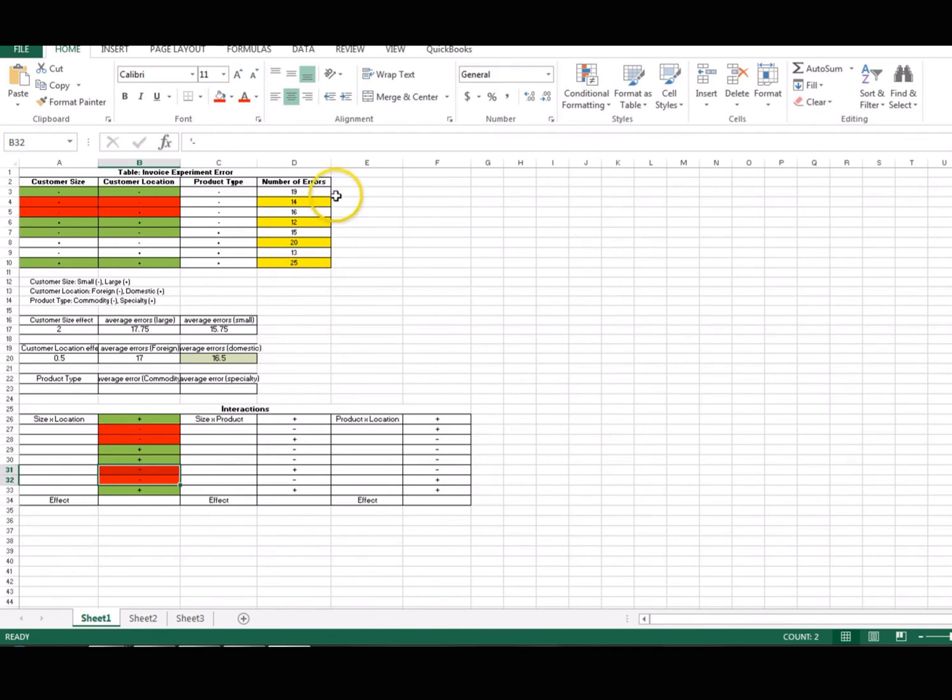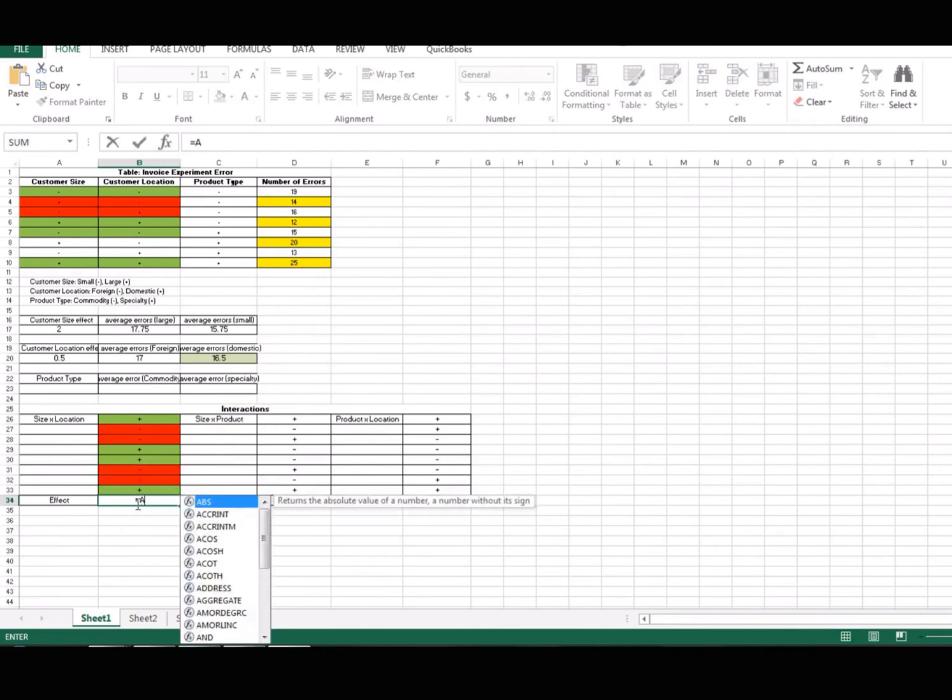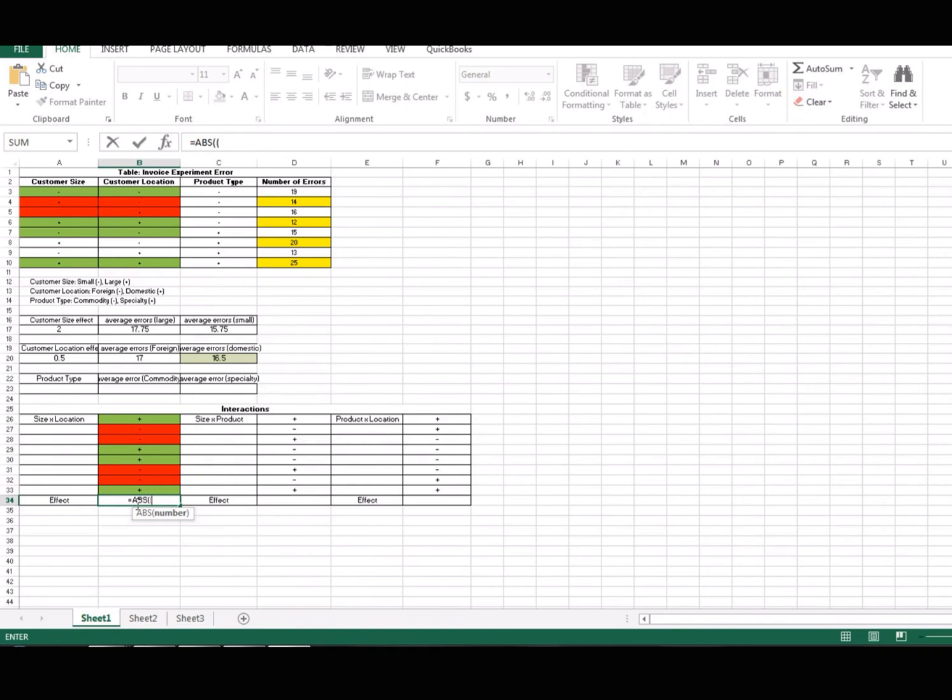I'm going to subtract the negatives from the positives. So in this example, I'm going to have the absolute value, put double parentheses. We're going to do the positives first: the green number plus this one plus this one plus this one. We're going to close that parentheses, divide by 4.